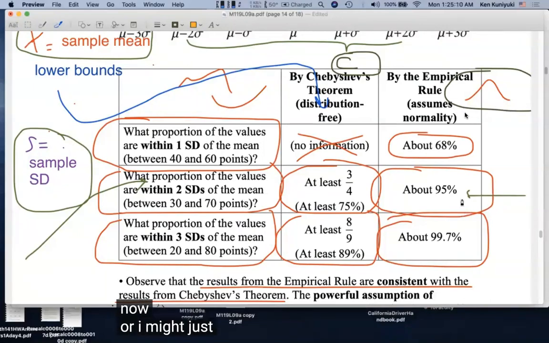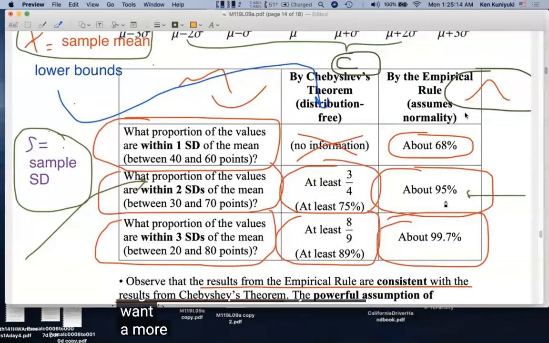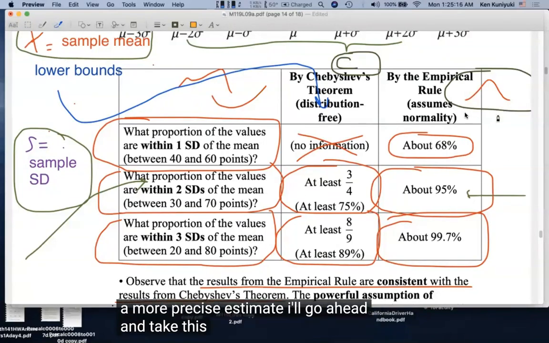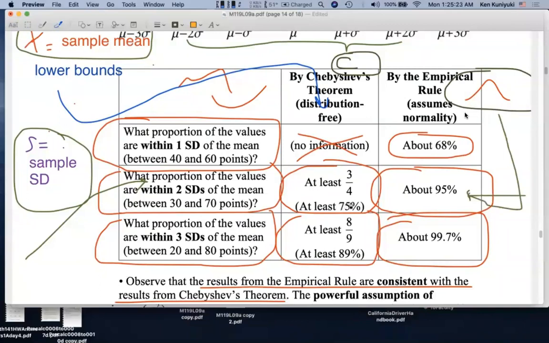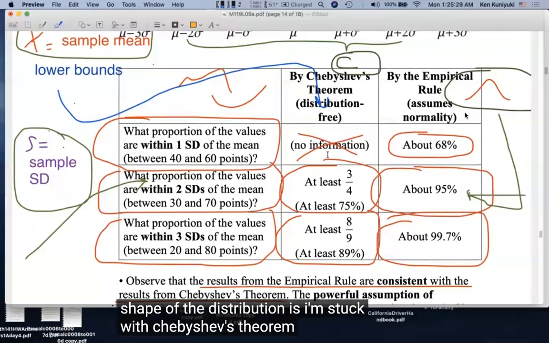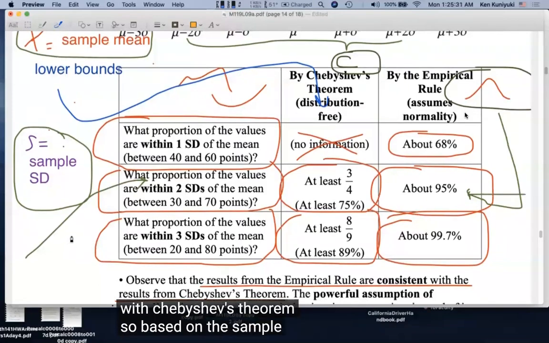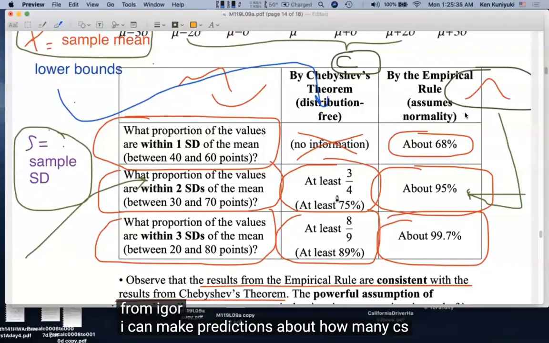Or I might just assume a bell shape because I want a more precise estimate. If I'm not willing to bet on what the shape of the distribution is, I'm stuck with Chebyshev's theorem. So based on the sample statistics I get from Igor, I can make predictions about how many Cs I'm going to get in the class.